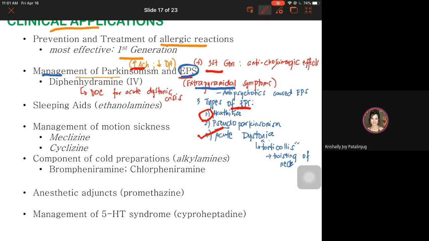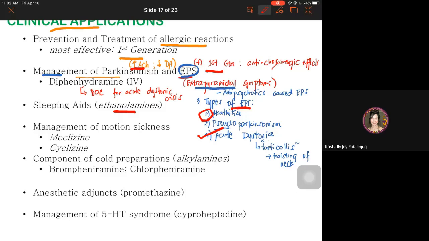So, it can somehow produce a skeletal muscle relaxant activity as an anticholinergic. So, ginagamit siya not because of its H1 blocking effect, but yung miscellaneous activity niya as an anticholinergic.